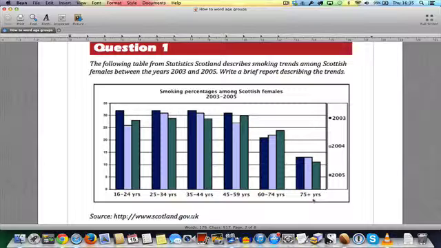Now, in this lesson, I will not be writing the response from start to finish, but rather I want to show you some grammatically sound ways to make reference to these different groups when you do go to write your Task 1 response. The group 75 years and older is worded slightly differently simply because we are not given the ending age in this group, so it's sort of 75 and beyond.